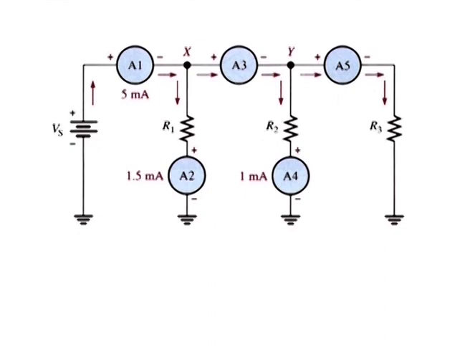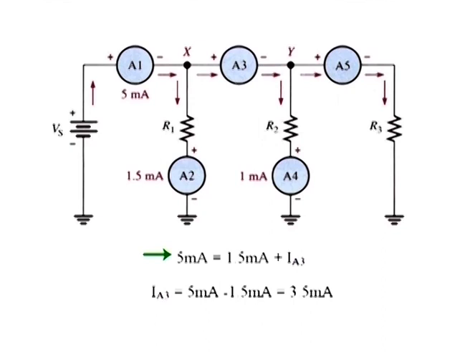Kirchhoff's current law applied at node X gives 5 milliamperes is equal to 1.5 milliamperes plus the current through ammeter A3.